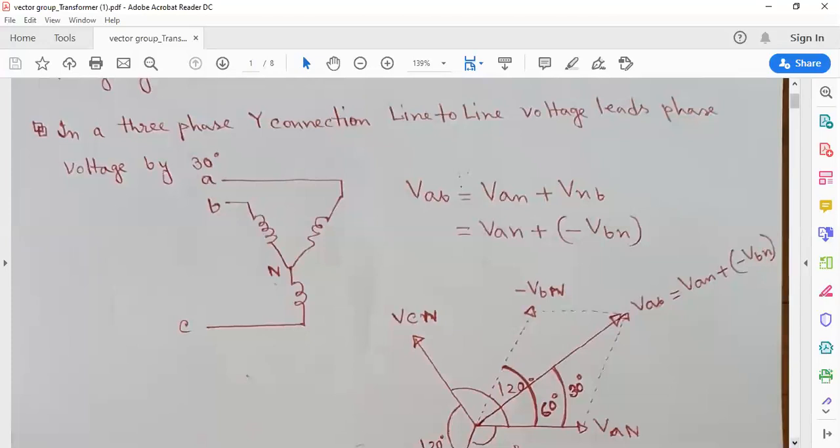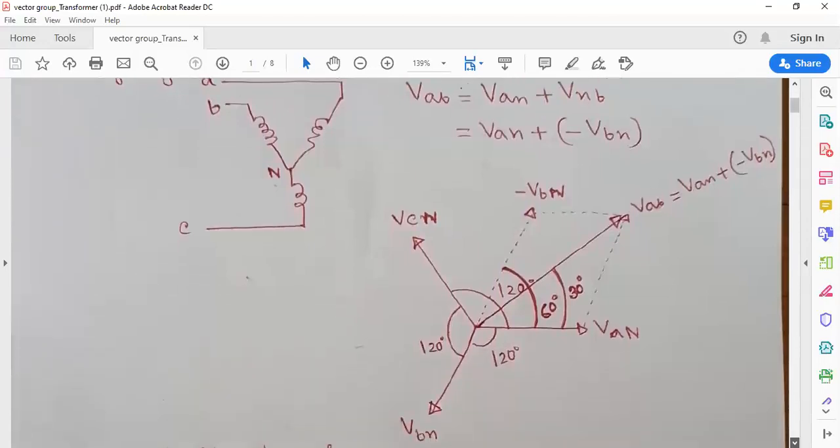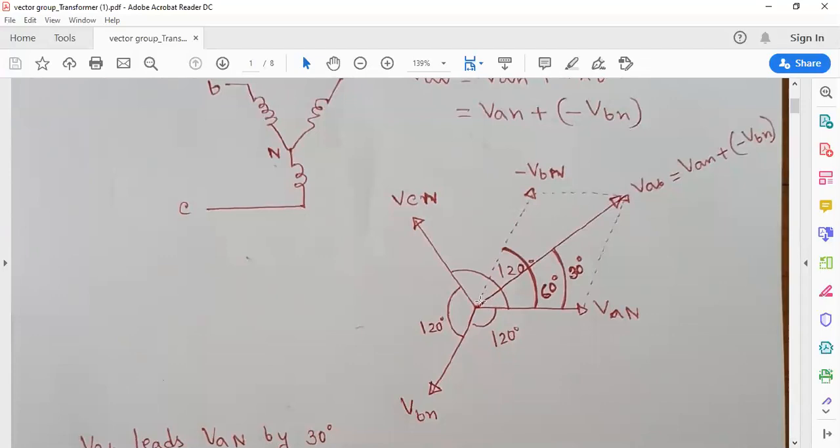Now we are going to draw the vector diagram. VAN is along the x-axis, so VBN will be 120 degrees lagging, and VCN will be another 120 degrees lagging. Now VAB will be VAN plus minus VBN. Minus VBN will be along this direction.